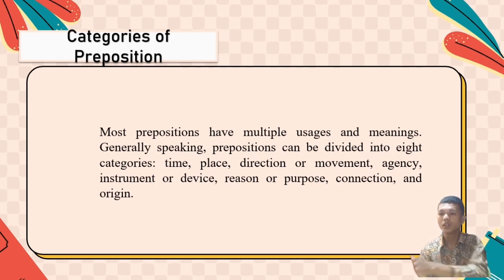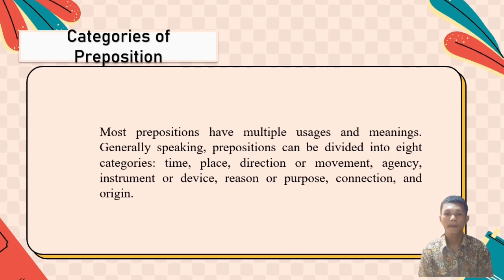Dan kategori selanjutnya itu origin, yang dimulai dari preposition yaitu from dan of. Dan contoh kalimatnya itu Tom is of German descent. Contoh keduanya, we started our trip from Italy.